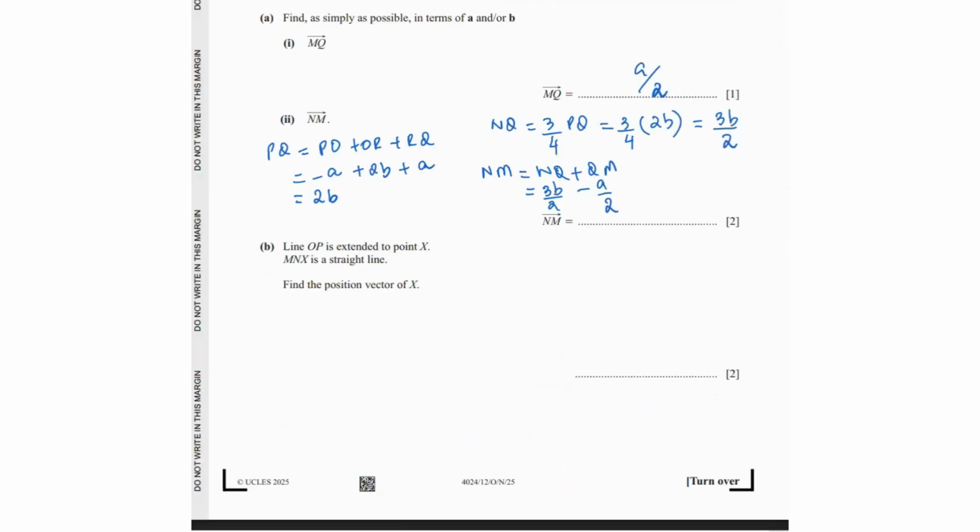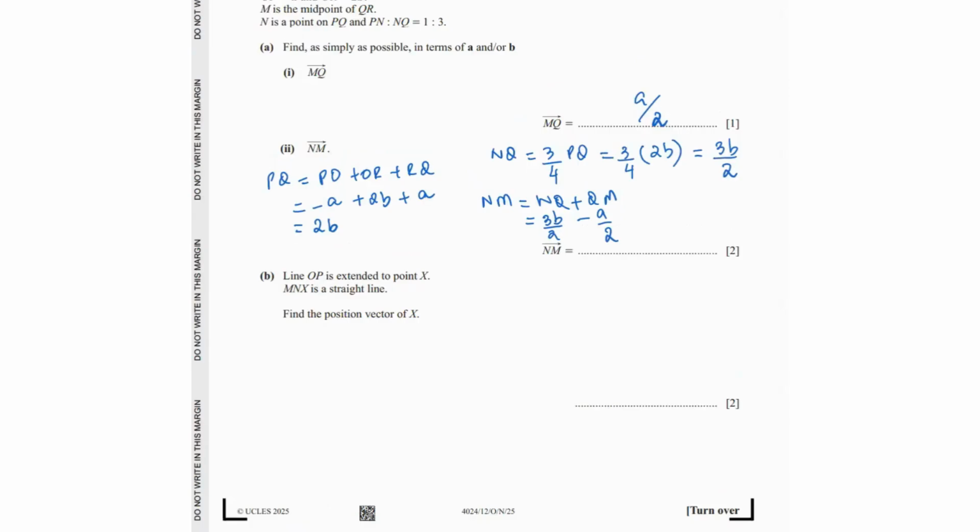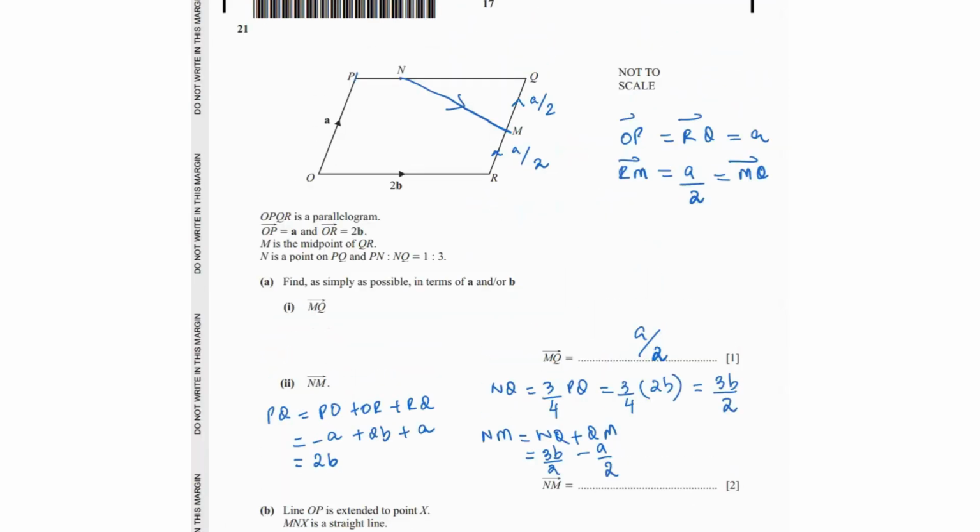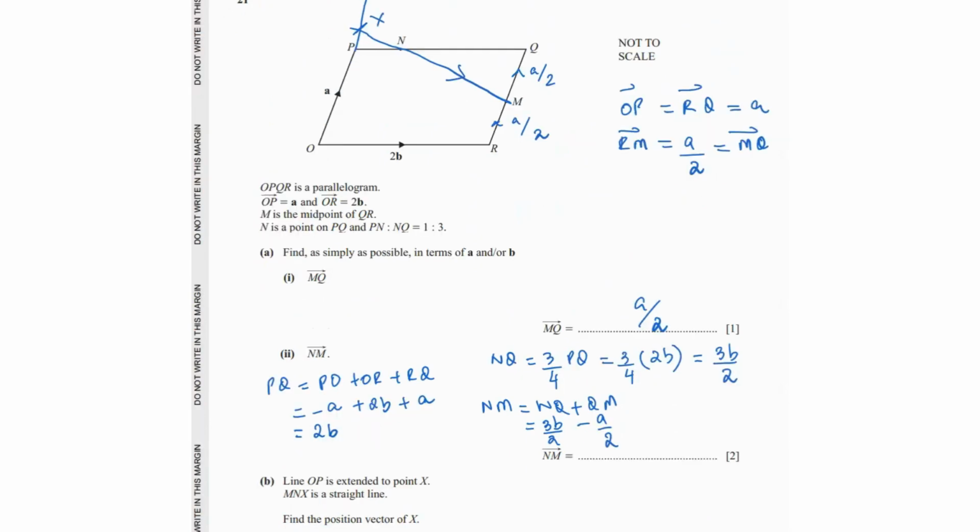Then line OP is extended to point X. M and X is a straight line. Find the position vector of X. So this is X. For the position vector of X, what we can do is compare this triangle to this one.